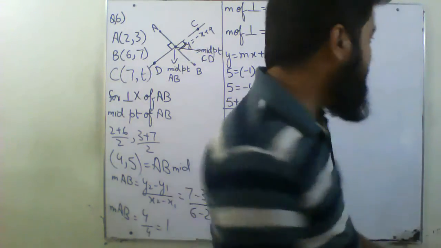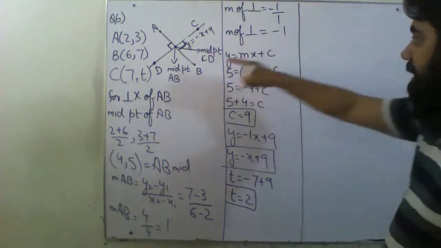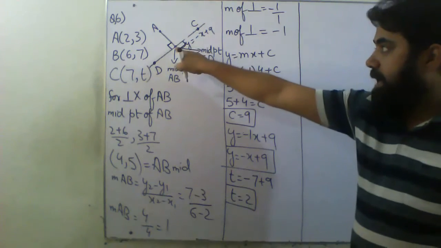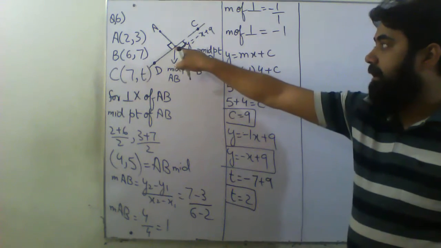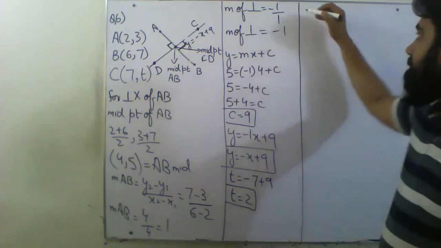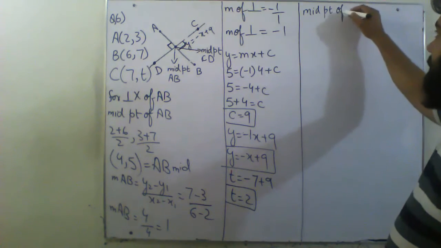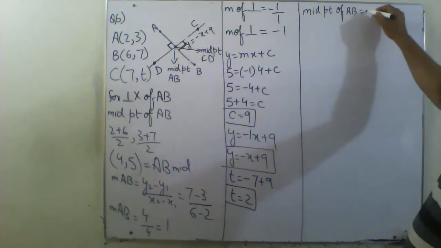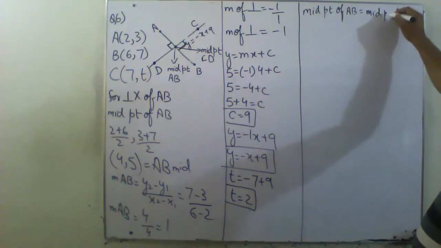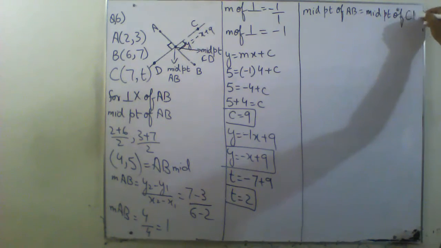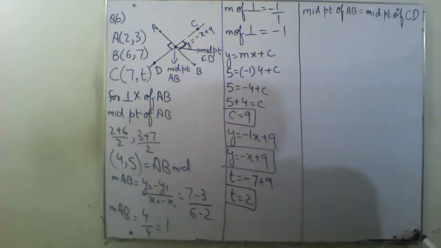What can I say with that? As both are referring to the same point as a midpoint, I can say the midpoint of AB will be equal to the midpoint of CD.